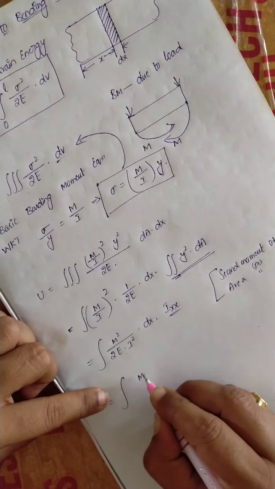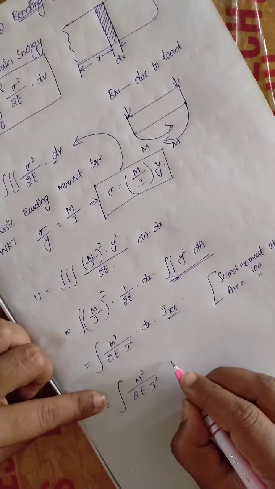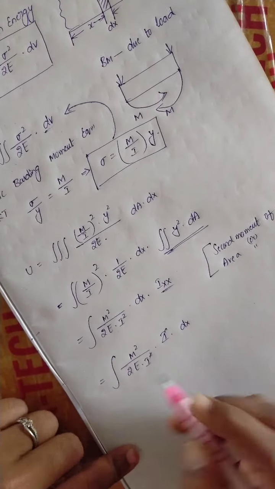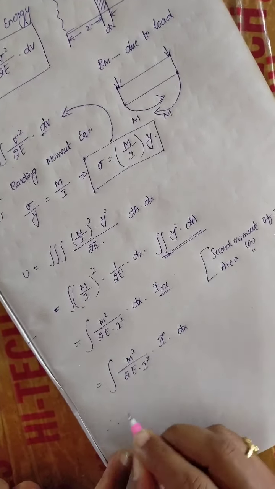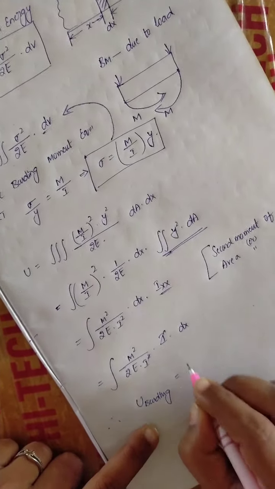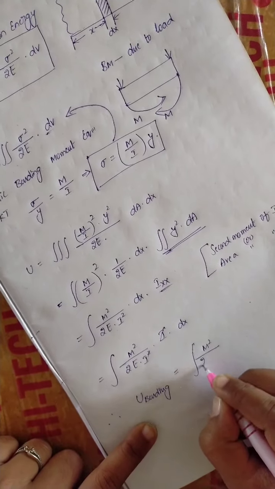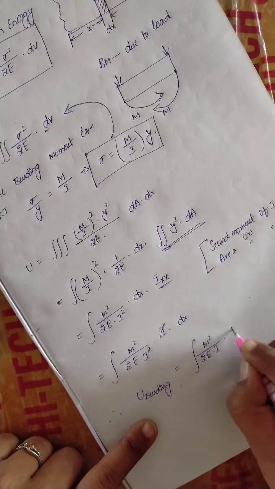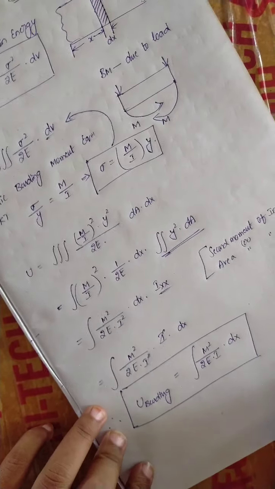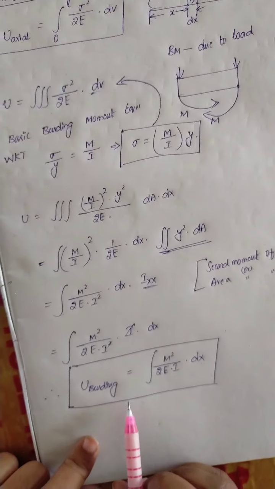Simply you can write M square by 2E into I square into I into dx. Where I will get cancelled, then finally you will get the U formula due to bending, which is integration of M square by 2EI into dx. So this is the formula for a strain energy due to bending loads acting.